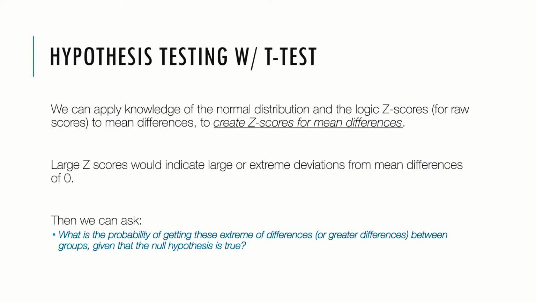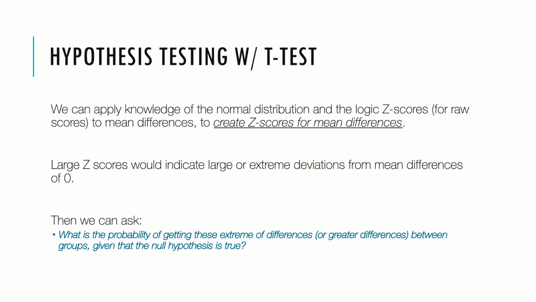Then we can ask, what is the probability of getting this extreme of a score given that the null hypothesis is true? And if we remember, we can break up a normal distribution into 68, 95, and 99%, right? Because how much percent is under the curve? 100% is under the curve. It's asymptotic, but it's implied that 100% is under the curve.